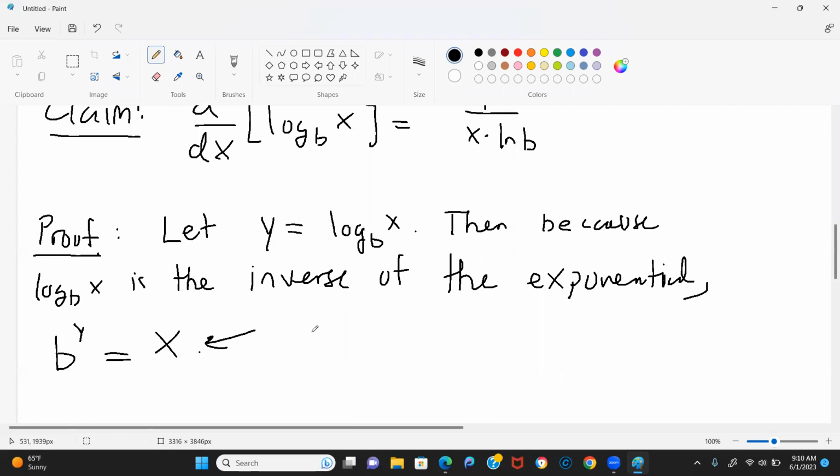Now let's implicitly differentiate this. Remember, it's just an equation. We can definitely differentiate this.